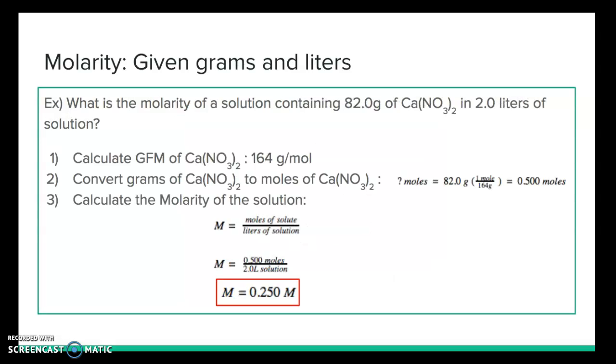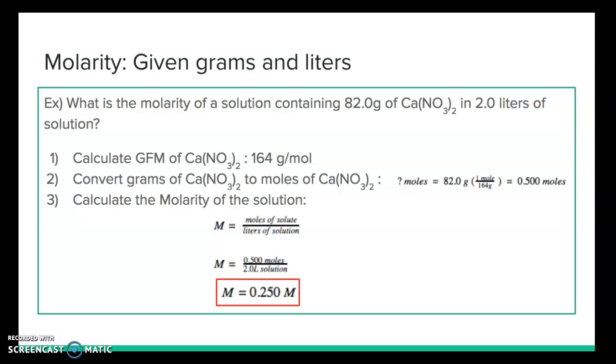Another scenario we can have is if we're given grams and also liters, so not moles of solute. This is something we did in stoichiometry, so it shouldn't be too hard to figure out. But instead of going straight to our molarity concentration, our first step is going to be to calculate the gram formula mass of our solute.